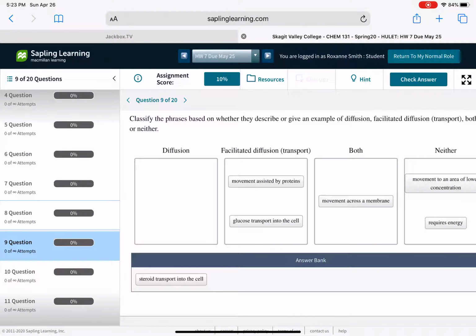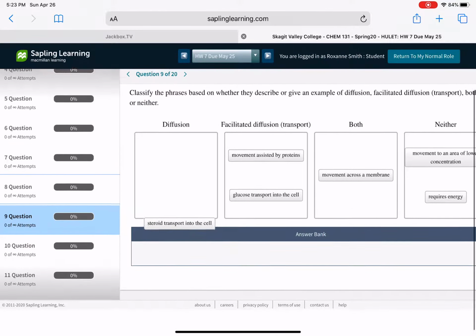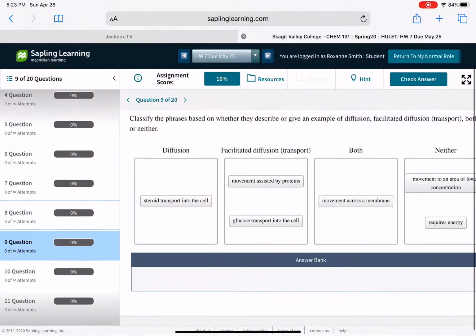However, steroids are really attracted to the components of cell membranes, and so I feel like steroids might be able to just slip their way into the cell membrane. Think about how steroids like cholesterol can embed itself into the lipoproteins, the HDLs and LDLs. And so I'm going to take a risk on this one, and I'm going to see what it says.